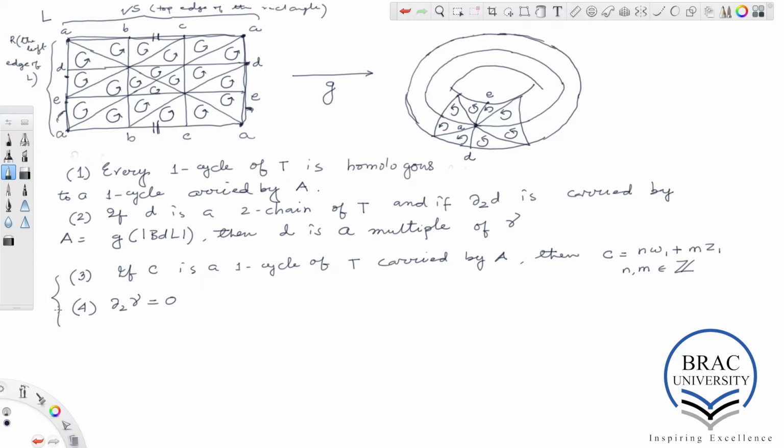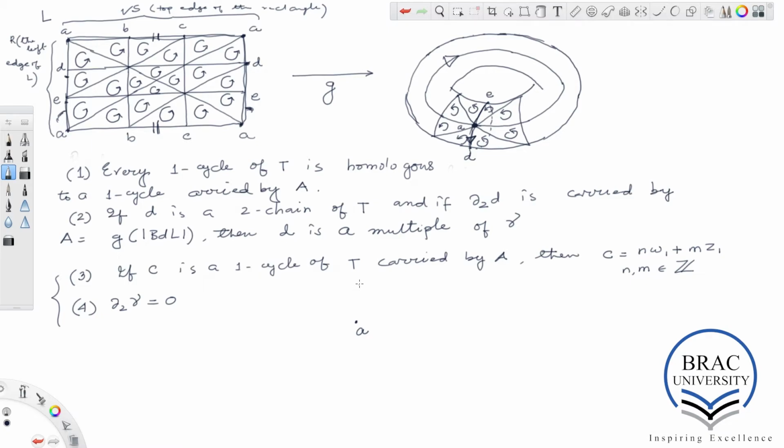Let me draw two simplices here, which join at the point A. This is the point A where these two circles meet. So this is one circle, and this is the other circle.